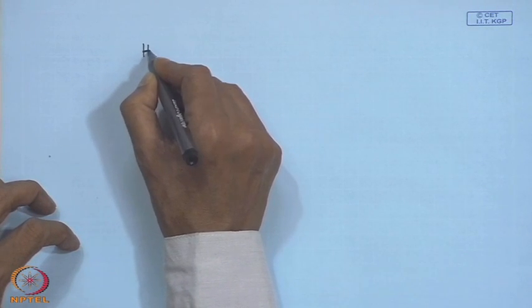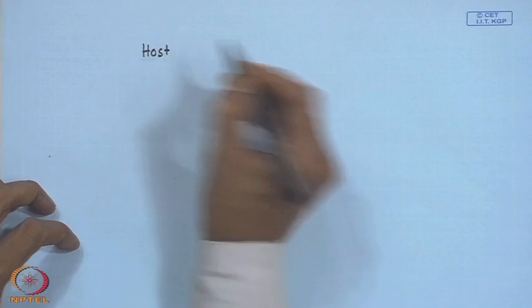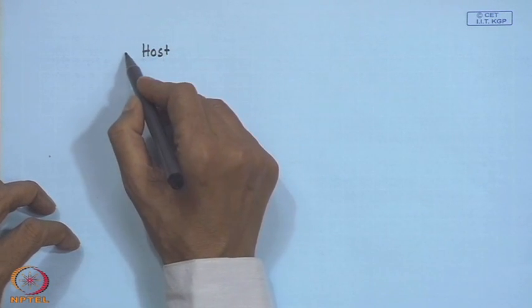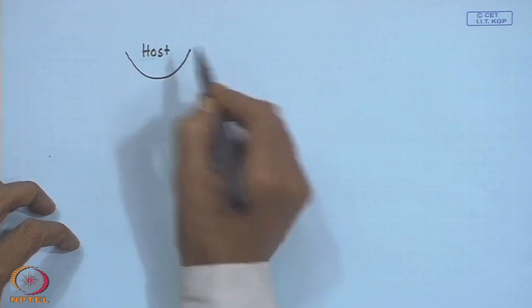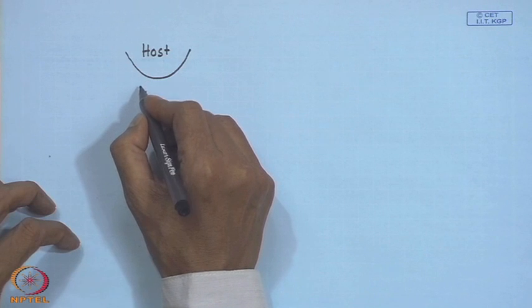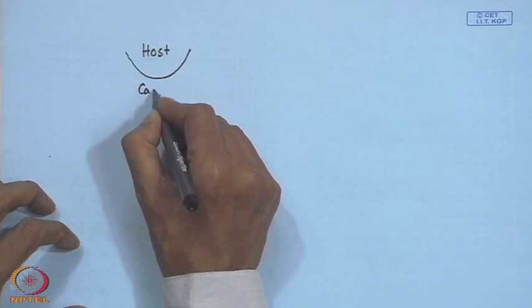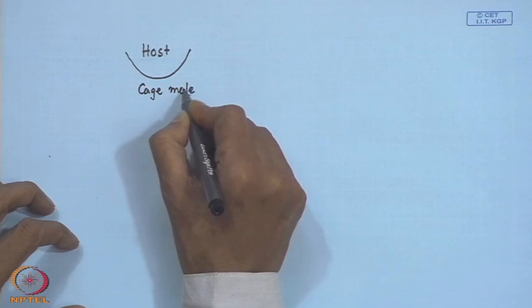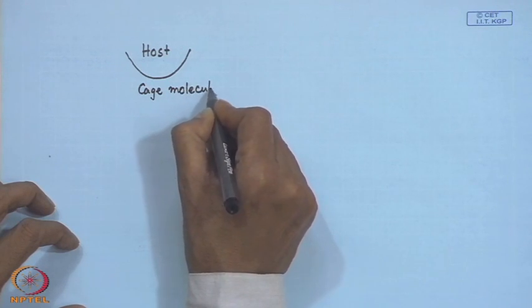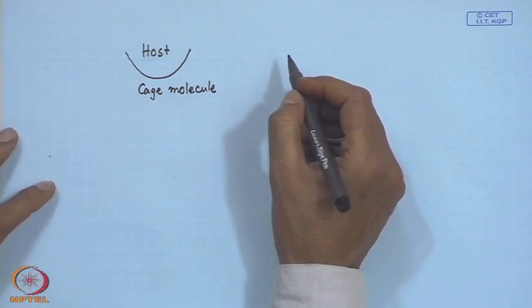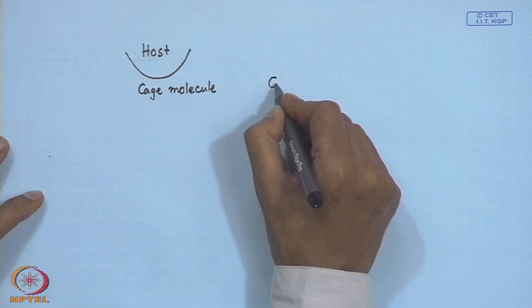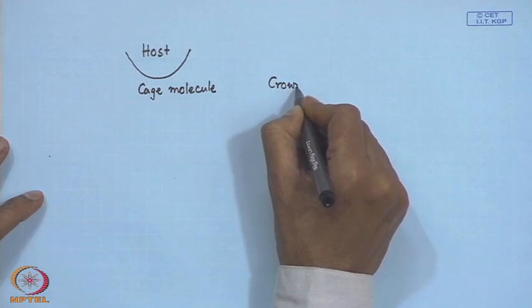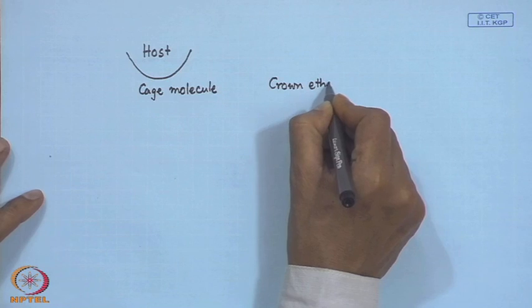So, when we have no such physical quantity like metal and ligand, we can have a host, such as some big inorganic cage or some organic cage, some cage molecule, or say a crown ether.